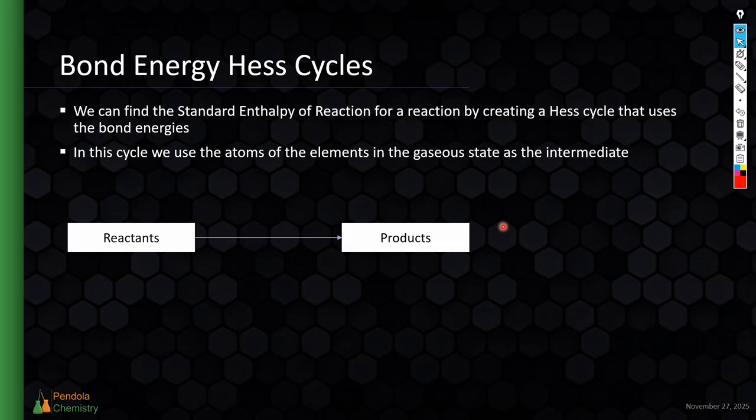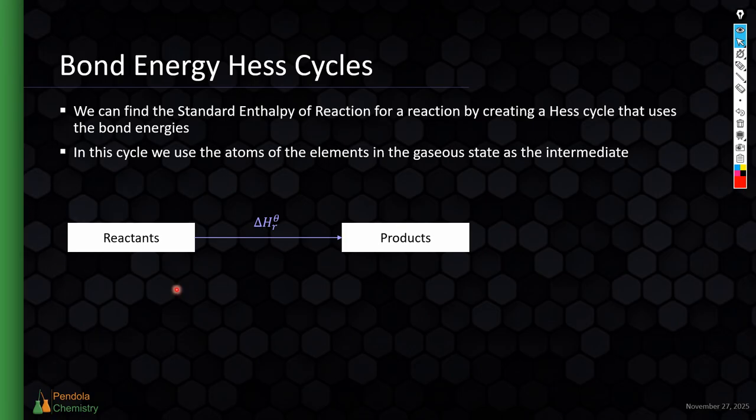So, we're going to start with drawing our regular Hess cycle with our reaction at the top, so reactants yielding products, and that's the enthalpy change of reaction that we are drawing up here. And that enthalpy change of reaction is what we're trying to find.